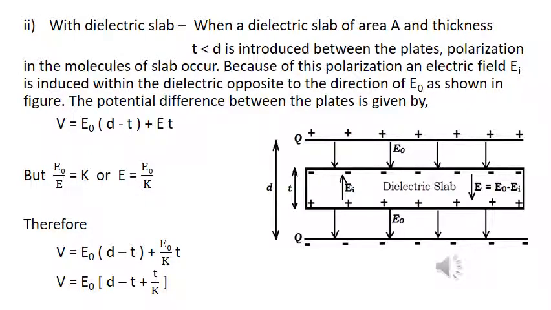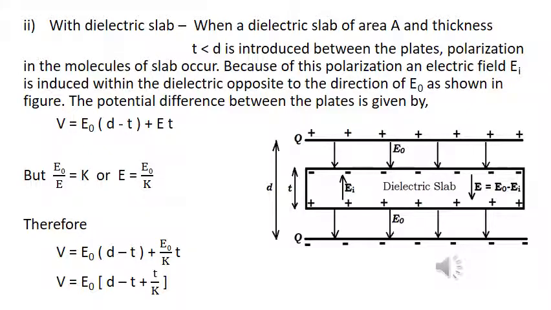Now we can write the potential difference between the plates: V is equal to E naught into (d minus t) plus E into t. As we can see in the figure, E naught electric field is in the space d minus t, and E is the electric field in the space t.